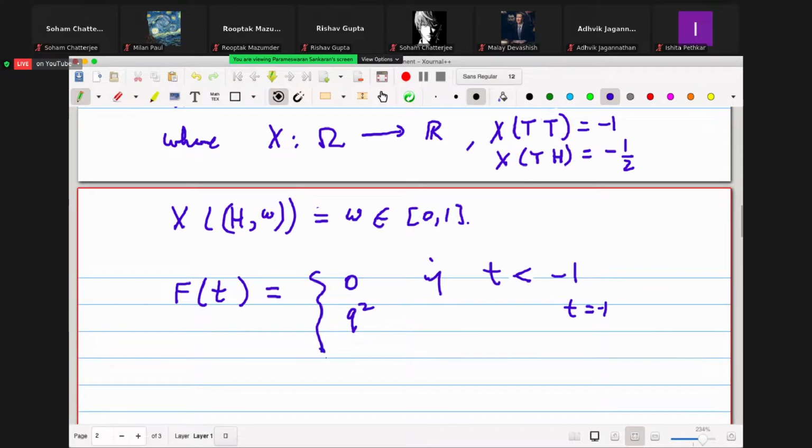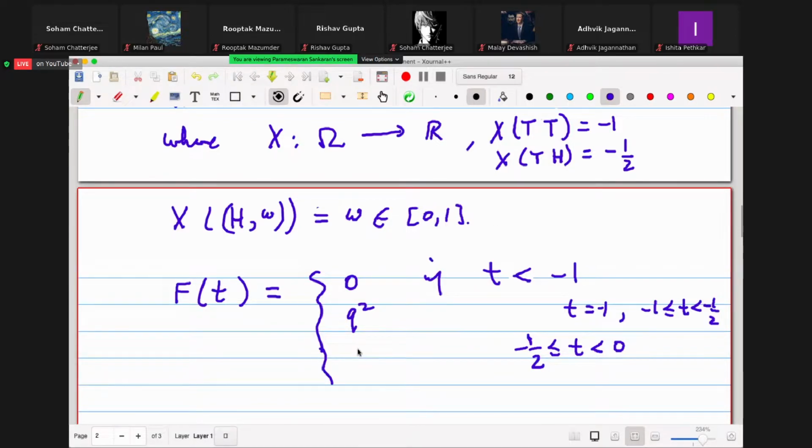And it remains so, in fact, for minus 1 less than or equal to t less than minus half. The moment it is equal to minus half, t, so minus half less than or equal to t and less than 0, both T H and T T will come, because they are in this range.